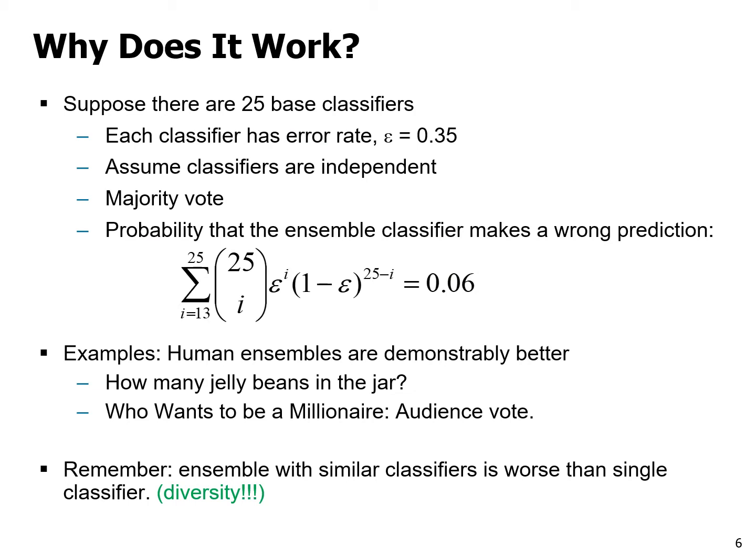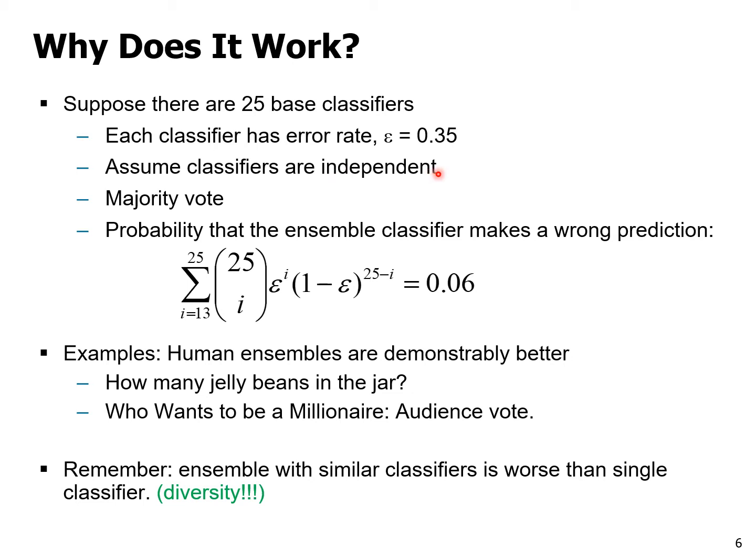Let's see how the ensemble method works. Suppose we have 25 base classifiers, and assume for each classifier, its error rate is 35%, and also assume each classifier is independent.